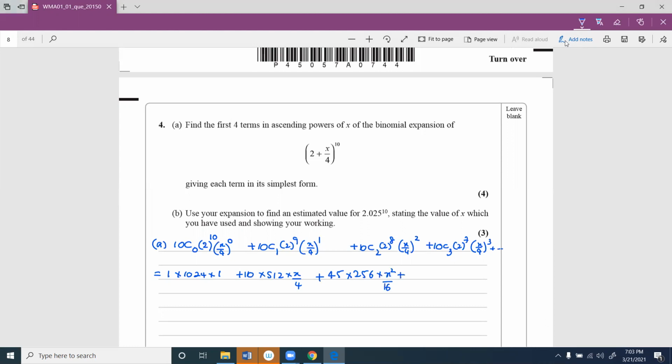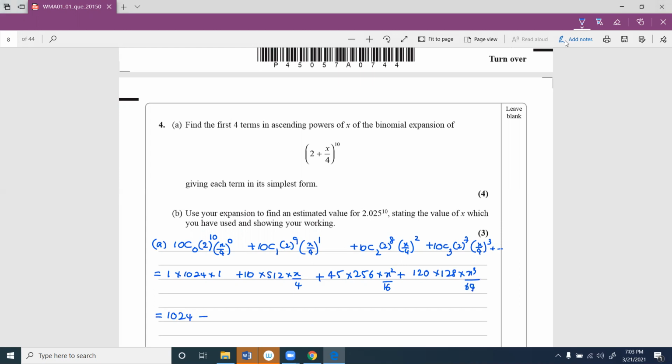And 10C3 is 120. Its 2 to the power 7 is 128 times x to the power 3 over 4 to the power 3, which is 64. Now I'm going to simplify this.